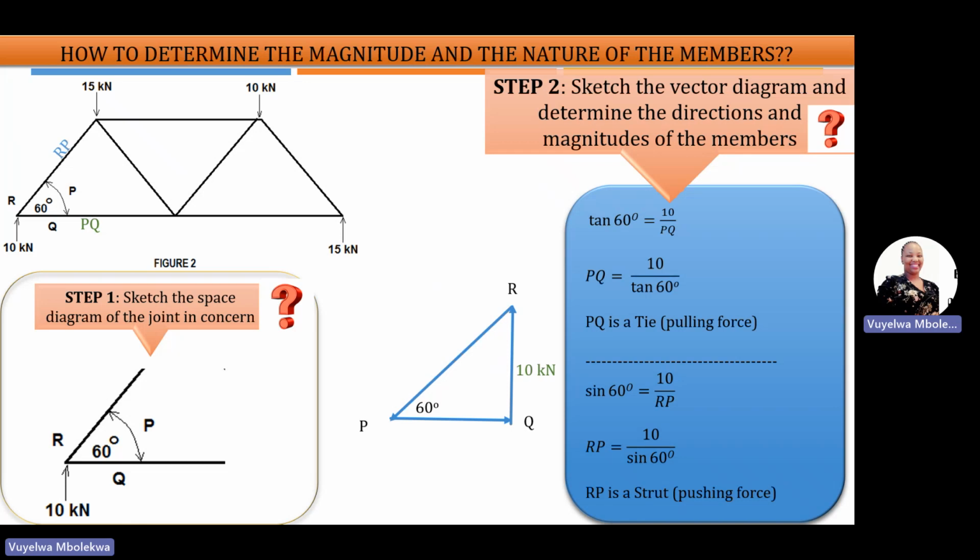Now, if you've done this correctly, every time the member that is on a slope is going to be a strut, you're going to use sine theta to calculate it. And if you've done your triangle correctly, the horizontal member will always be a tie, and you will use tan theta to calculate it. Okay. So that is the frameworks.